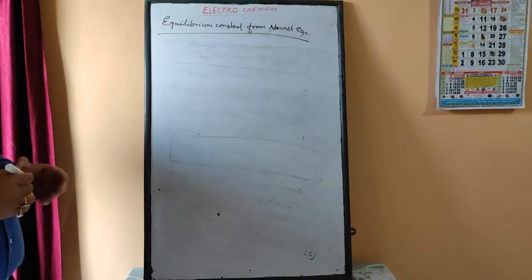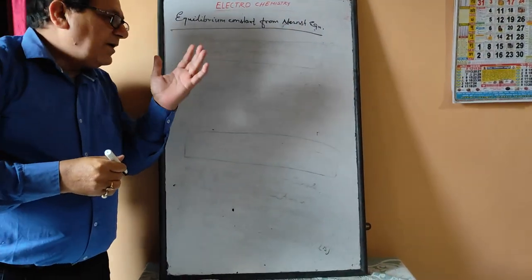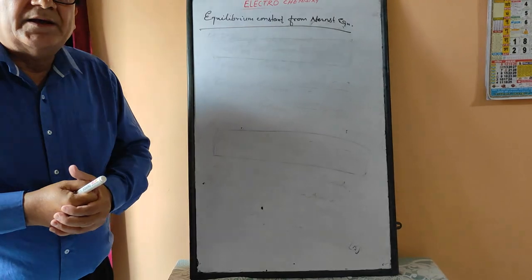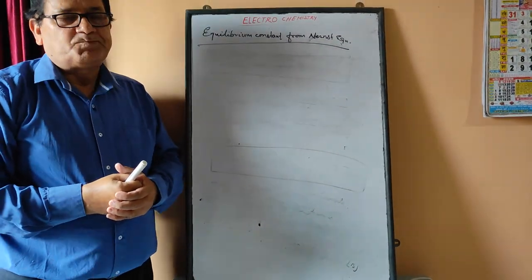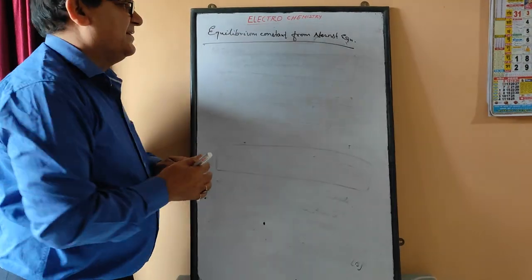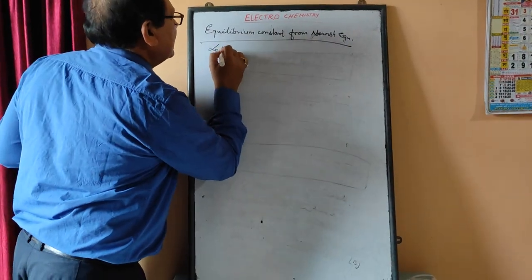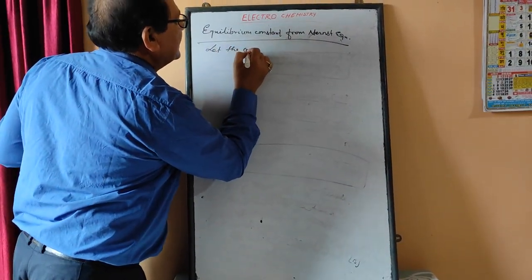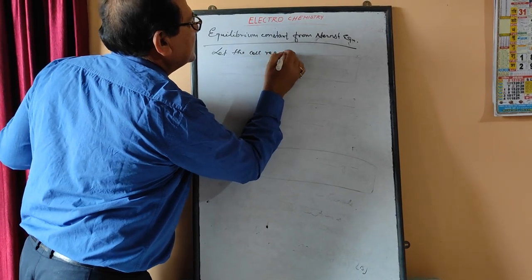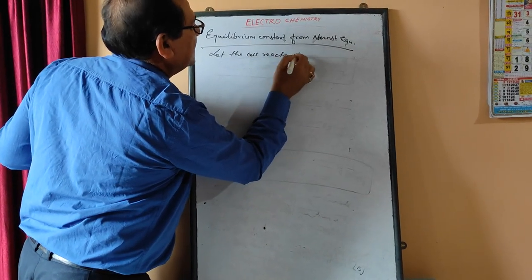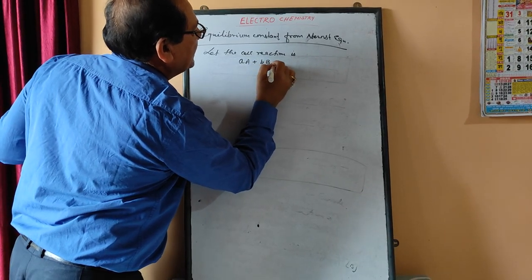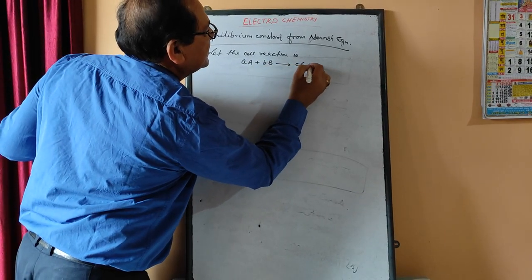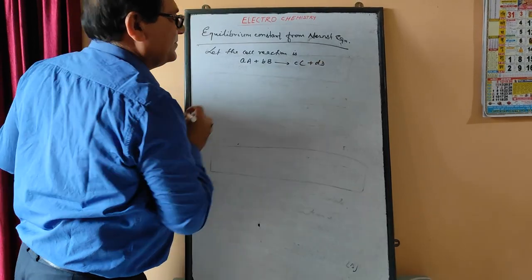Already we have studied the electrochemical cell. What happens in an electrochemical cell? Let the cell reaction be aA plus bB gives cC plus dD.